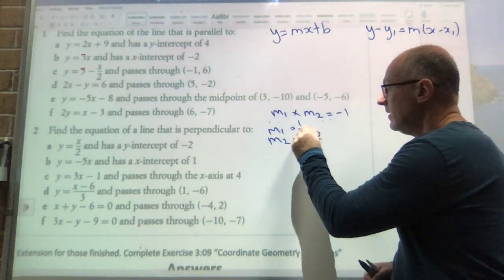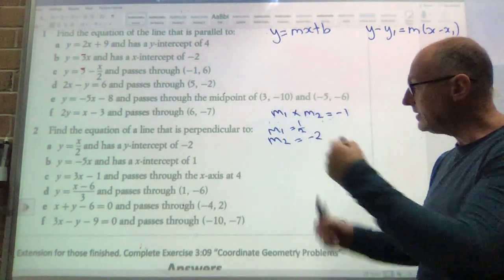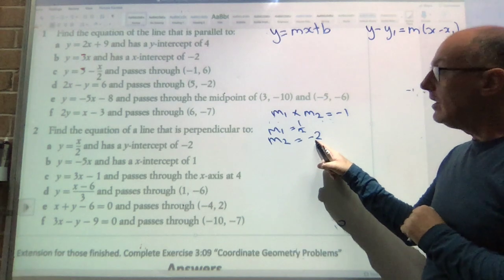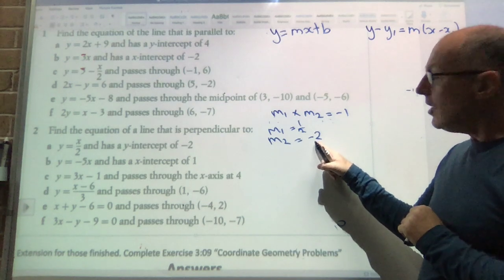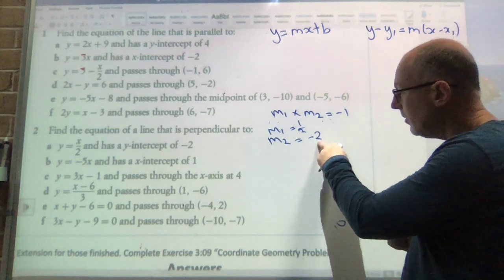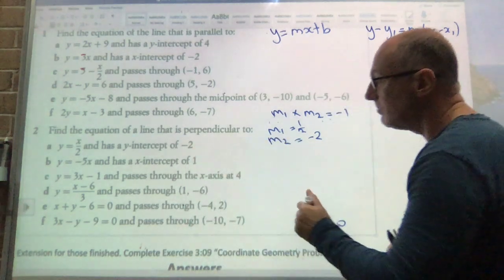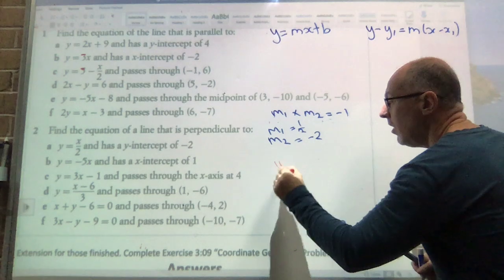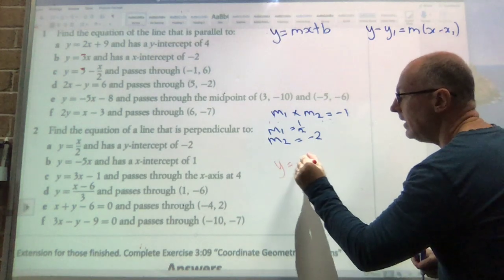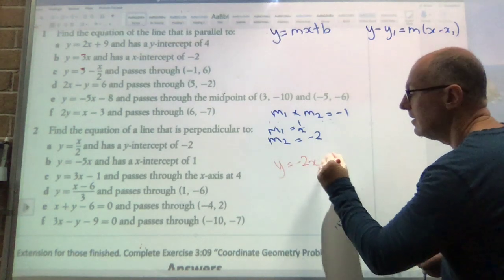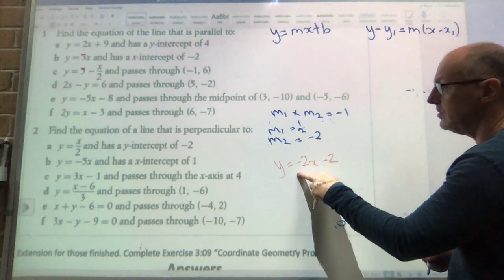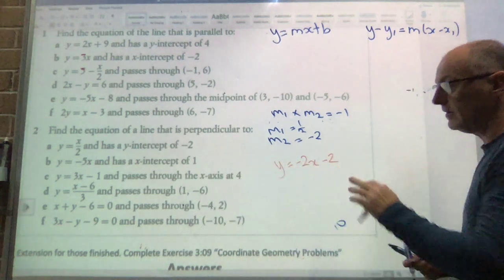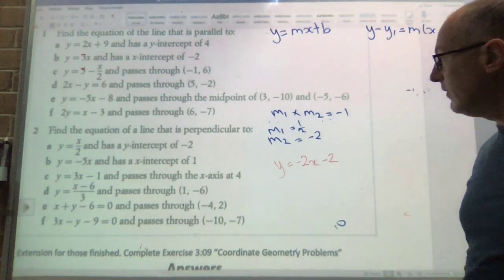The inverse, or the upside down negative, is -2. So to do this question, we know that the gradient is -2 and the y-intercept is -2. Therefore, the equation of the line is y equals -2x minus 2. So not too hard, the first one.